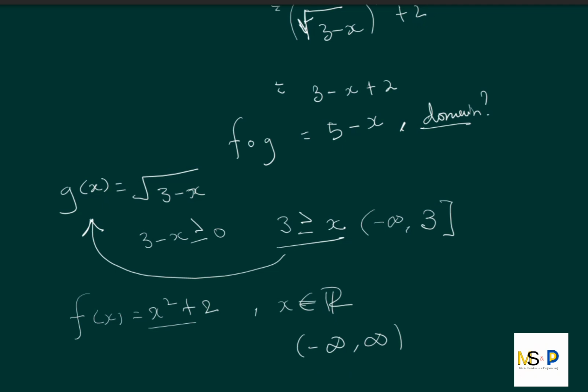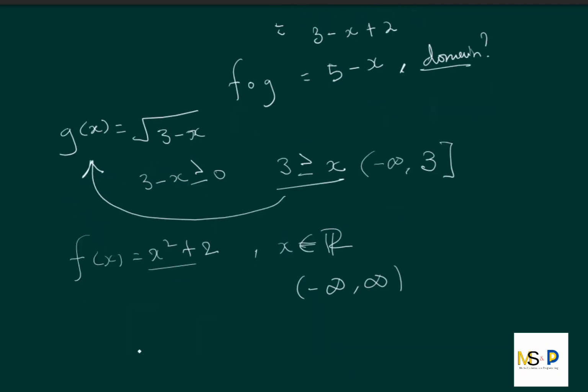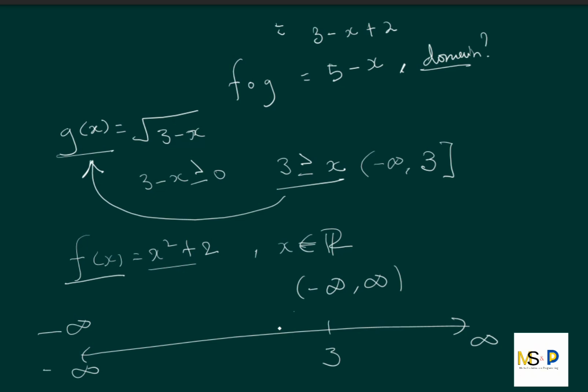So now the intersection is where the domain of this function, negative infinity up to positive infinity, intersects with the domain of this other function, from negative infinity up to 3. This here is going to become the domain of our composite function.